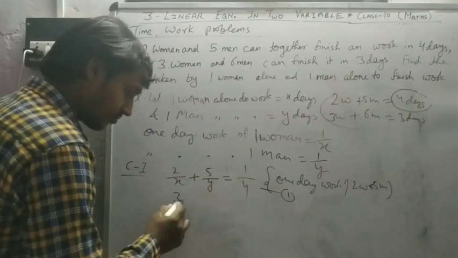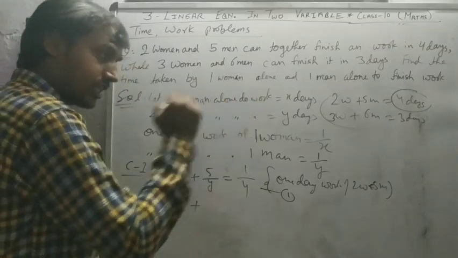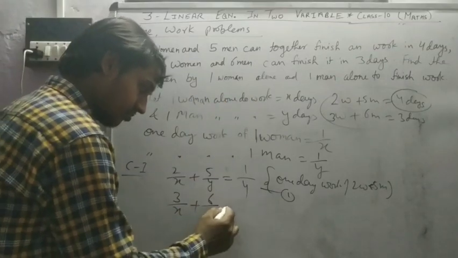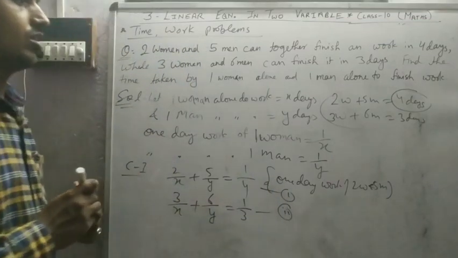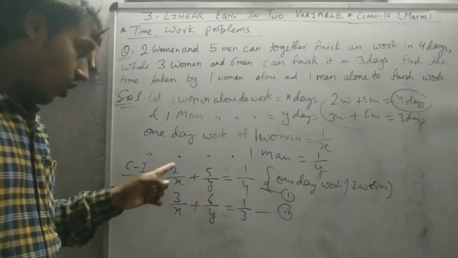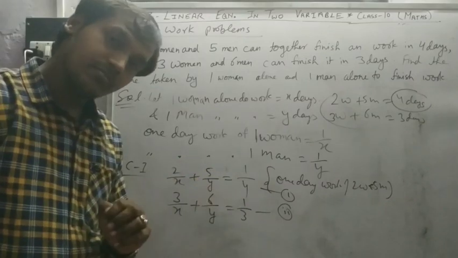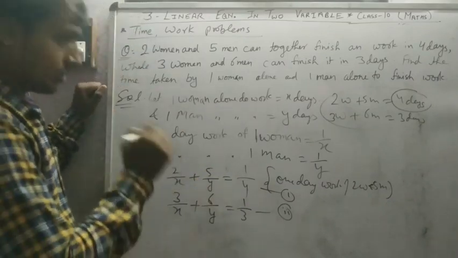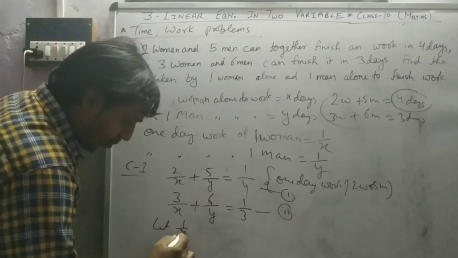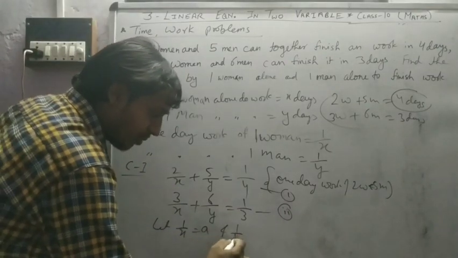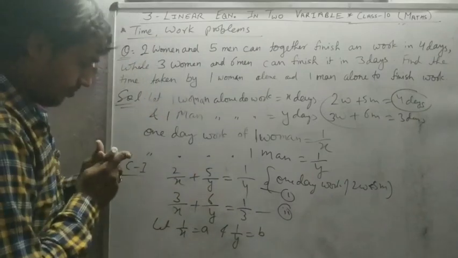Same for the second: 3 women and 6 men is equal to 1/3. Equation second. You know how we solve these types of equations, by supposing. Let 1 upon x be equal to a, 1 upon y be equal to b.